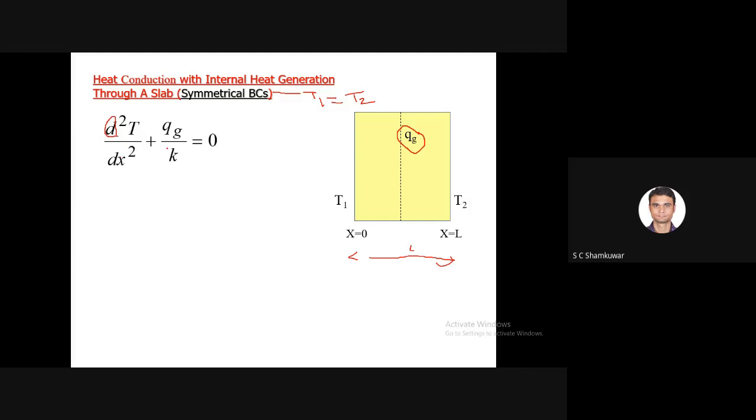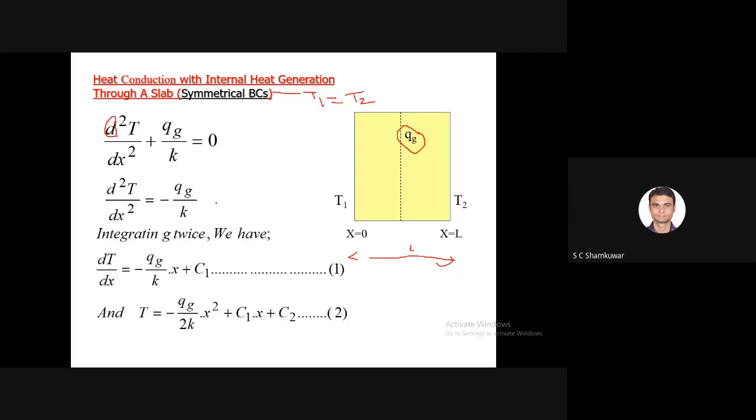Boundary conditions are the same: temperature at x equal to 0 and at x equal to L is the same, T1 equal to T2. Length of the slab is L. In the earlier problem, we differentiated the Laplace equation. Just like that, can we differentiate here?